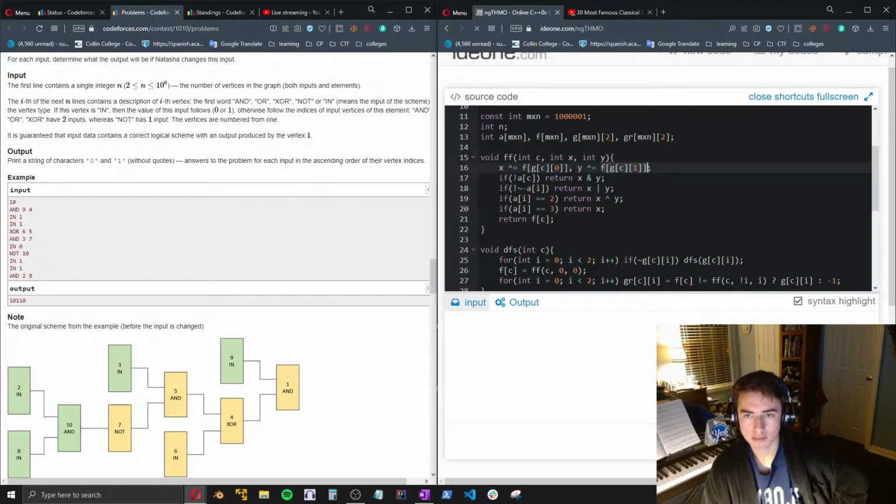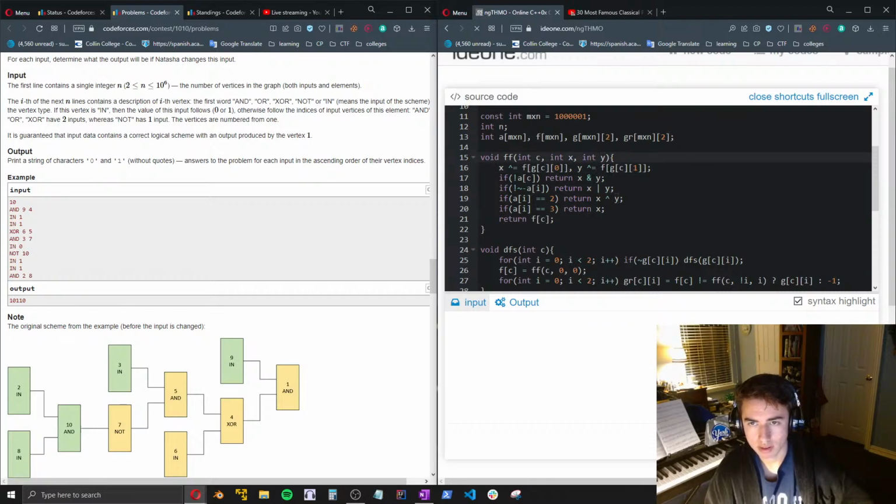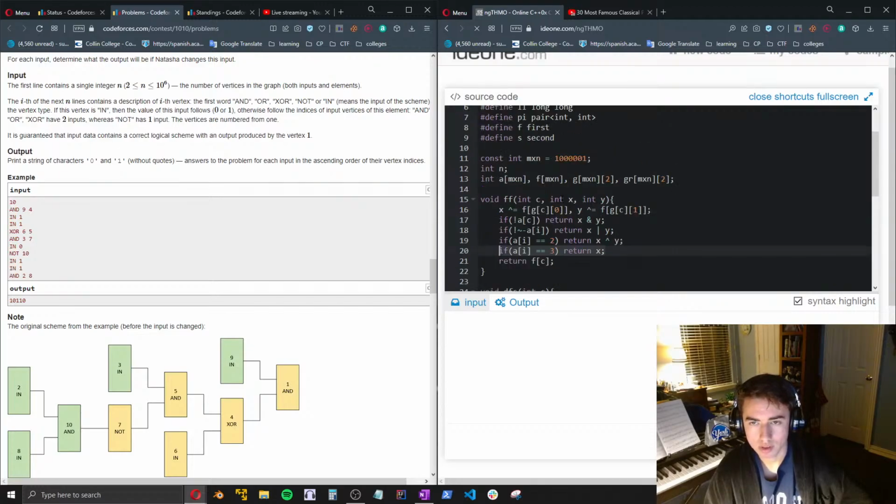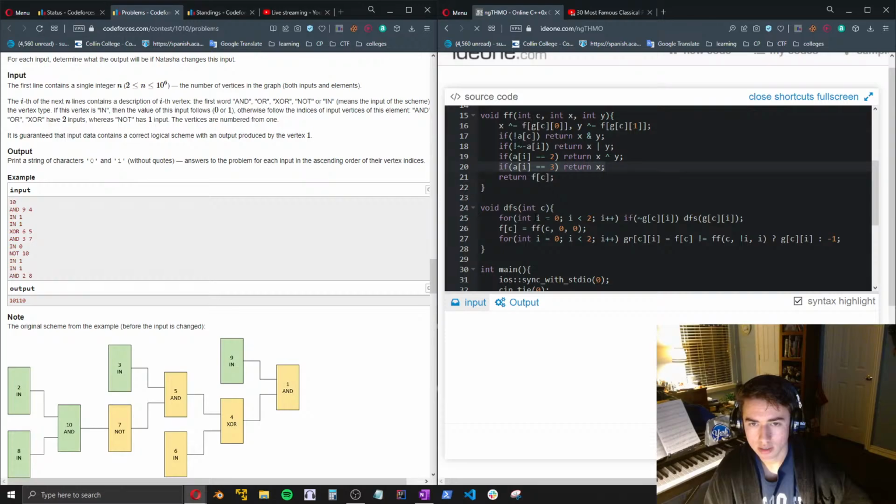And then that value won't even be used anyway, right? So like, if GFC1 doesn't exist, then y won't be used anyway.